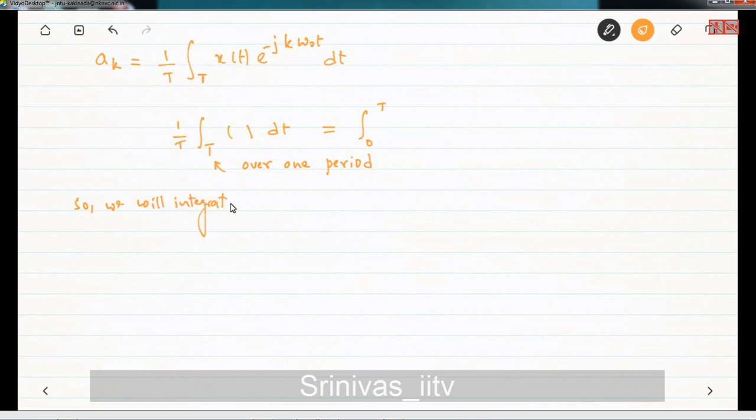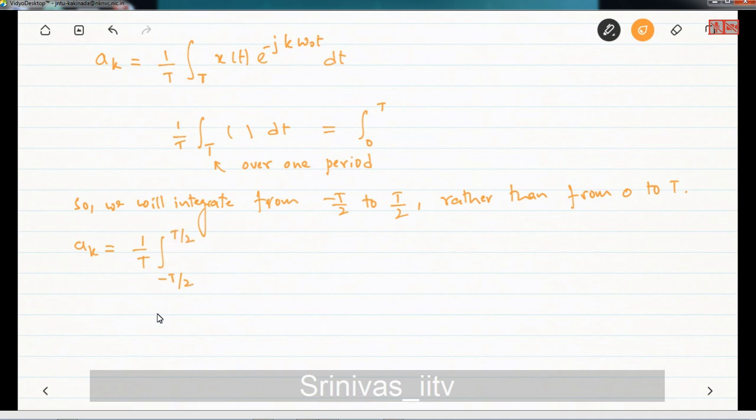We will integrate from minus T by 2 to plus T by 2, rather than from 0 to T. So what happens? Minus T by 2 to plus T by 2.